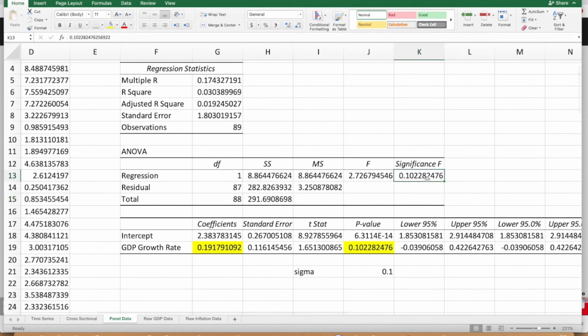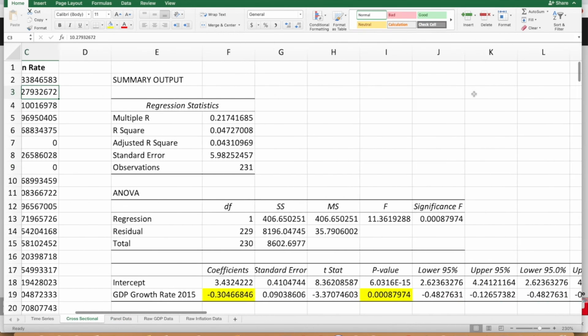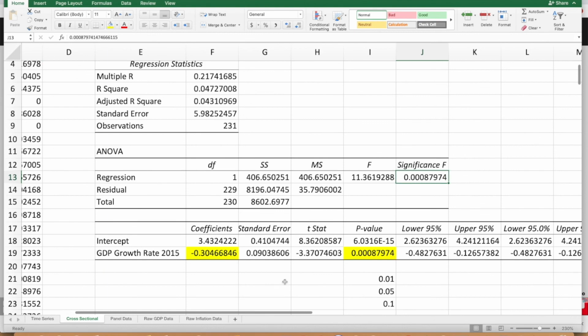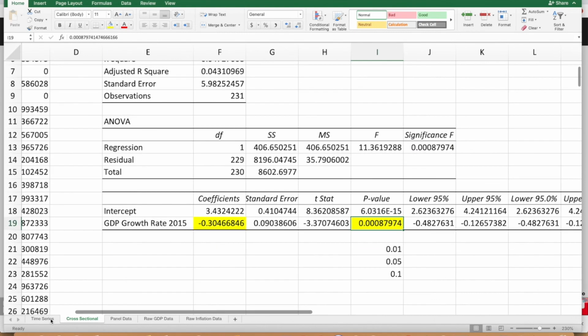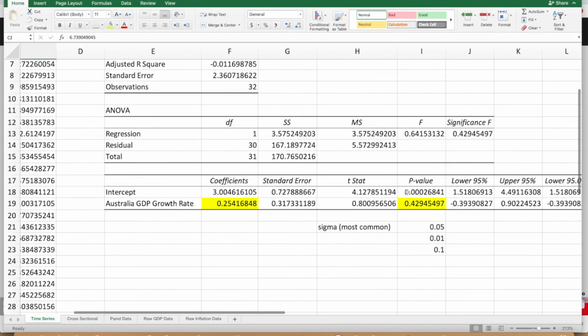We also have the same interpretation of significance F. Significance F is another type of p-value. Notice in these simple linear regressions, that significance F number is exactly the same as our p-value. That will stop being true when you have a multiple linear regression, meaning that you have multiple independent variables.